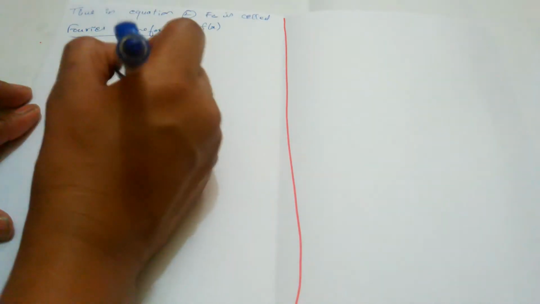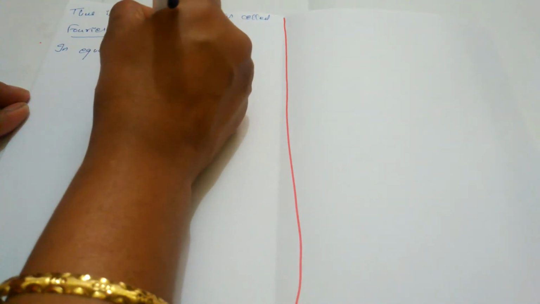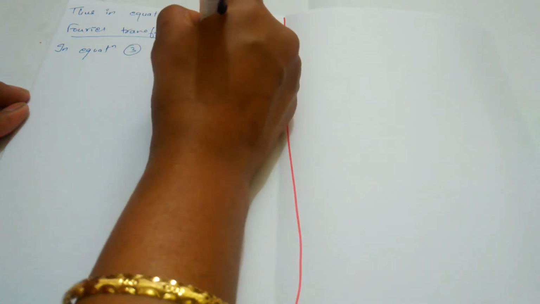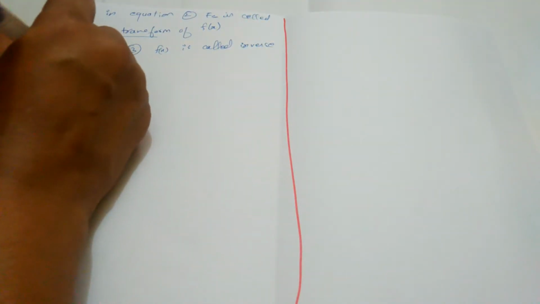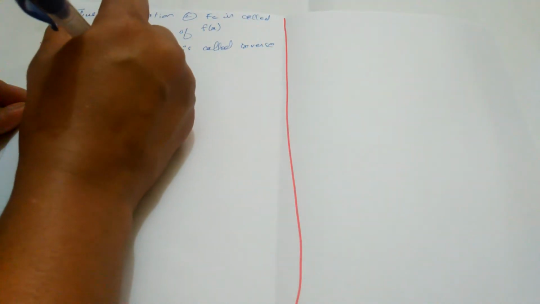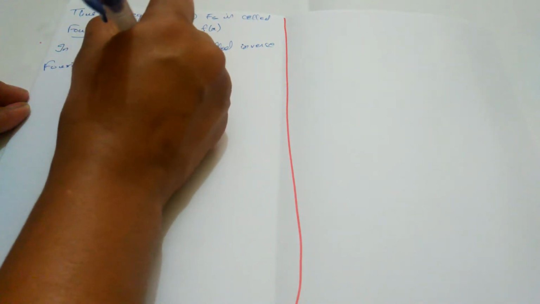Okay, so that is a Fourier transform. And then in equation 3, f of x is called the inverse Fourier transform of F of s.